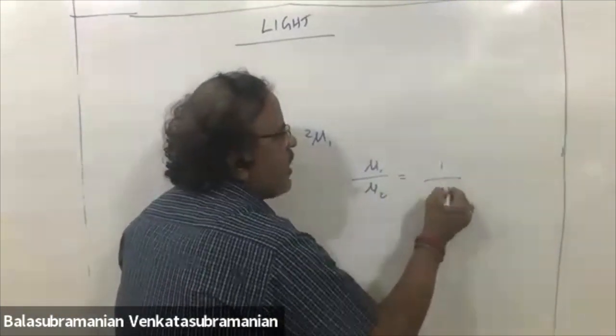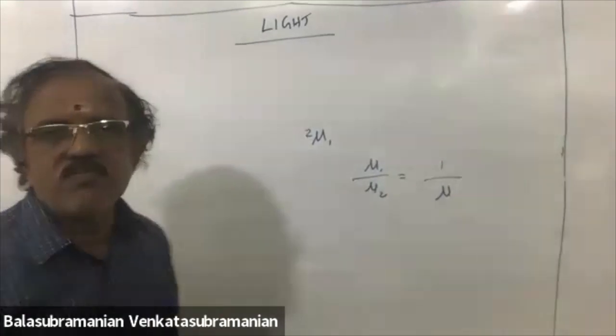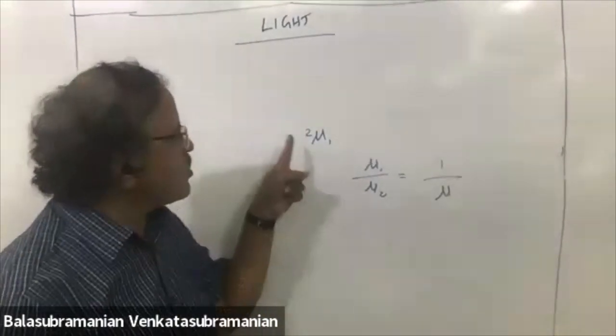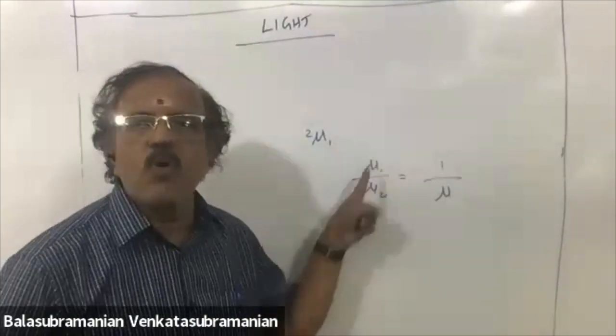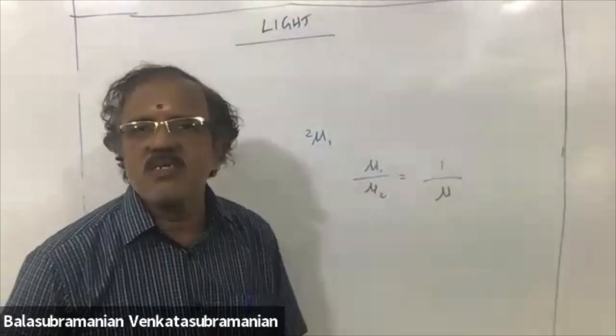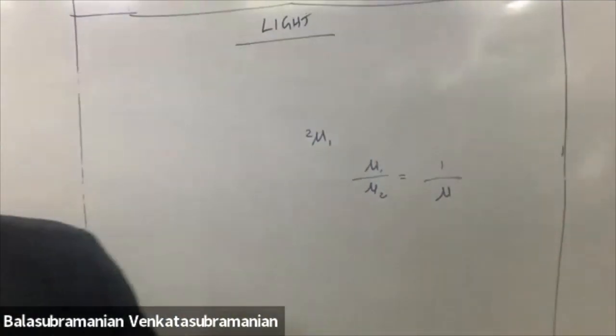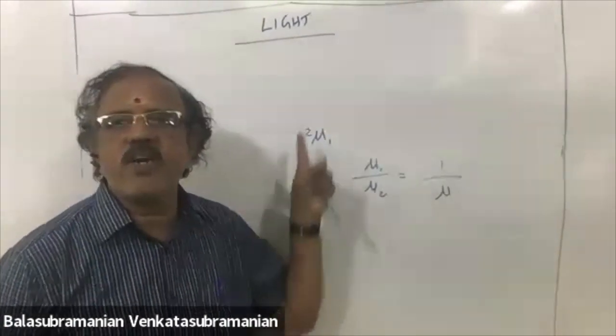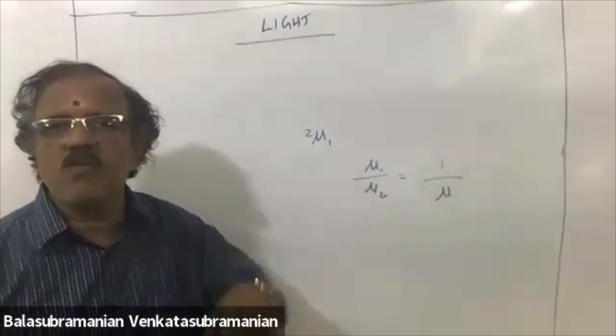Mu2 is the second medium. Refractive index is mu. So correctly speaking, we should write 2 mu1, that is mu1 by mu2. Mu1 is 1 for air. So 1 by mu is the answer. If you want to represent the formula in terms of two different refractive indices, you have to write it like this.